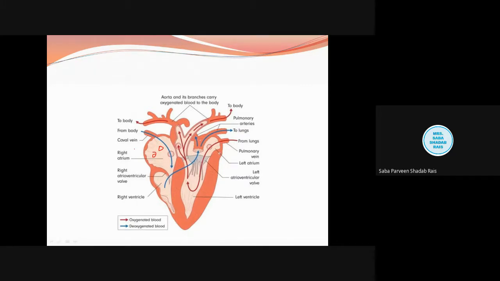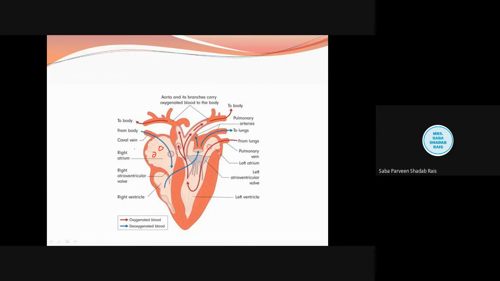Then, at this vein, a muscular eustachian valve is present. This valve guards the opening of the post caval vein, and this right auricle opens inside the right ventricle.